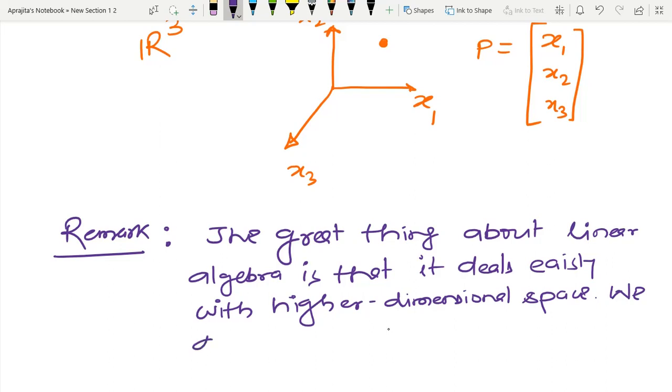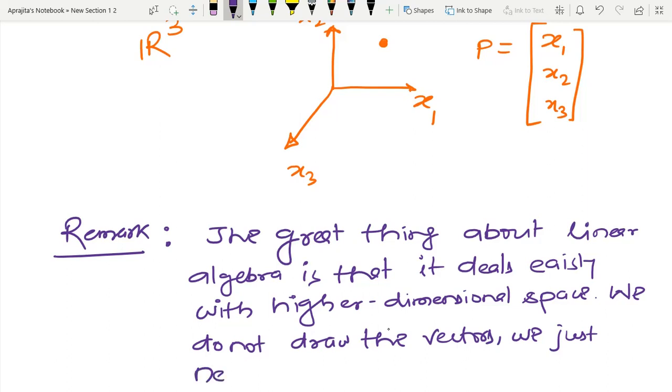We do not draw the vectors in the higher dimensional space. We just need some finite numbers.